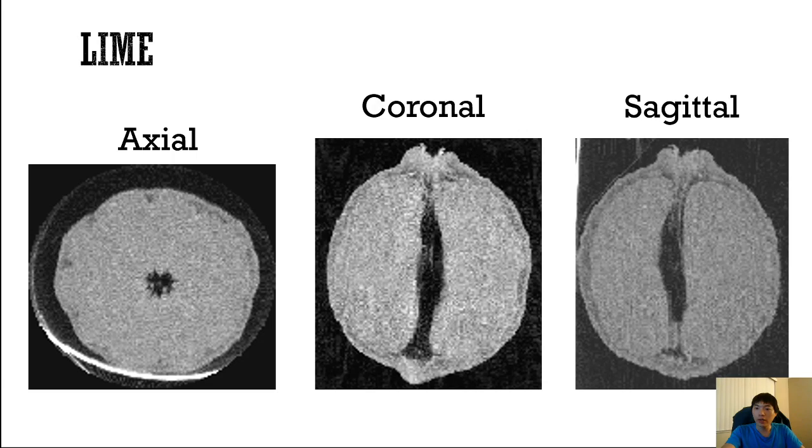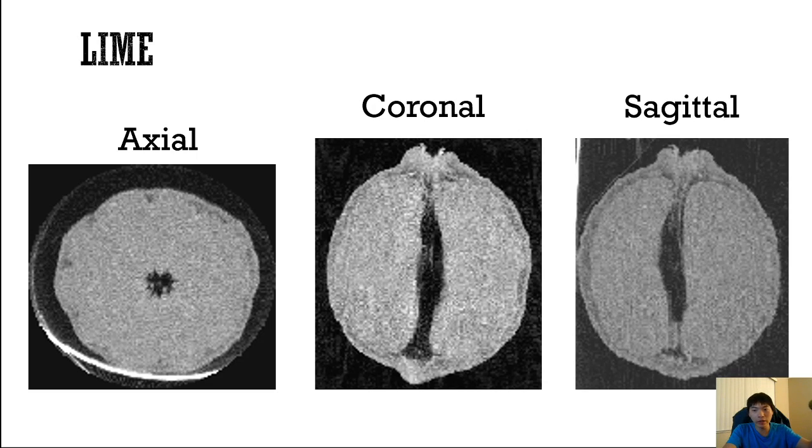So let's have a look at our CT images. So here, showing CT images of our Lyme. You can see the 3 standard cross-sectional views. Because we're doing 3-dimensional imaging now, these are the 3 standard cross sections that we can take of our object.